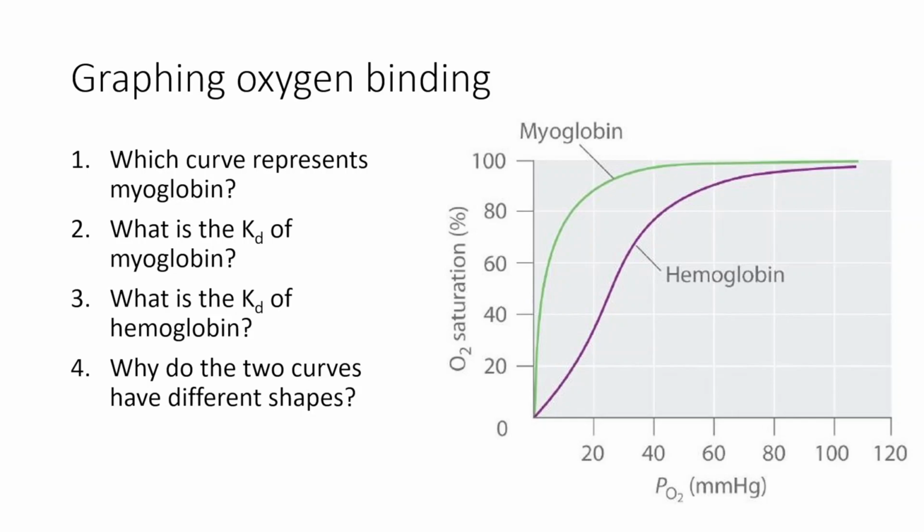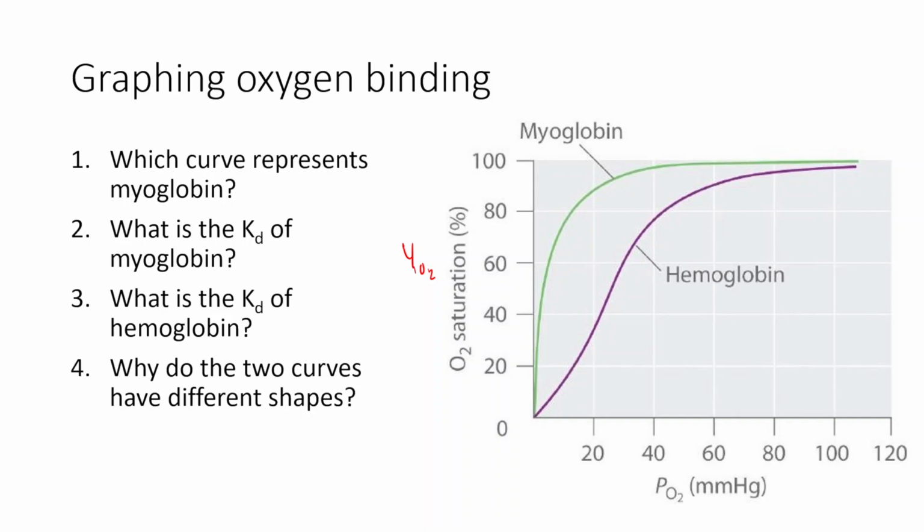How did you figure that out? It was in the video. Does anybody have an idea how to figure it out? Yeah, exactly. So the KD is related to the fractional saturation. On the y-axis, we have oxygen saturation percentage, which we also call fractional saturation, sometimes written as Y oxygen.